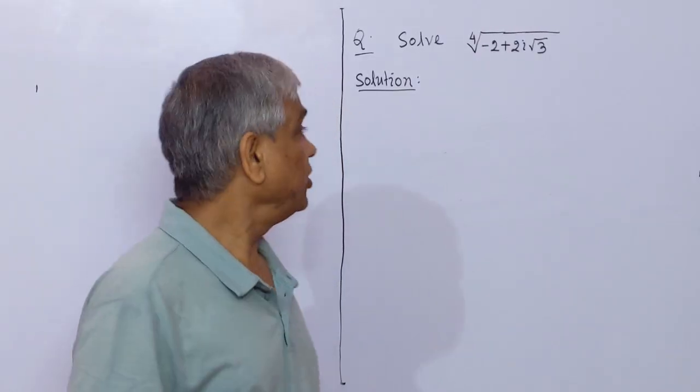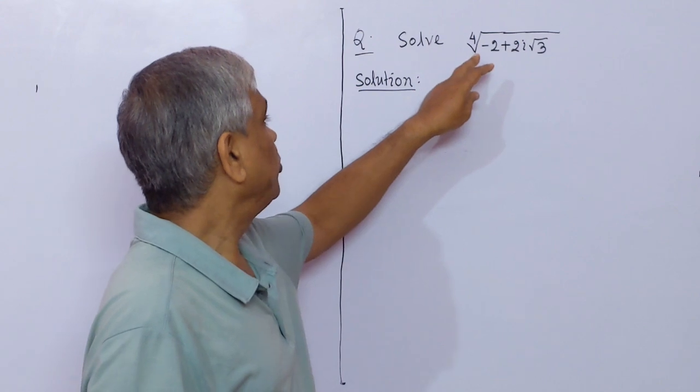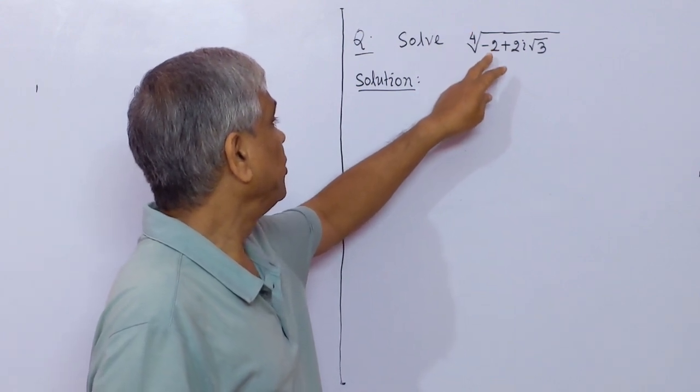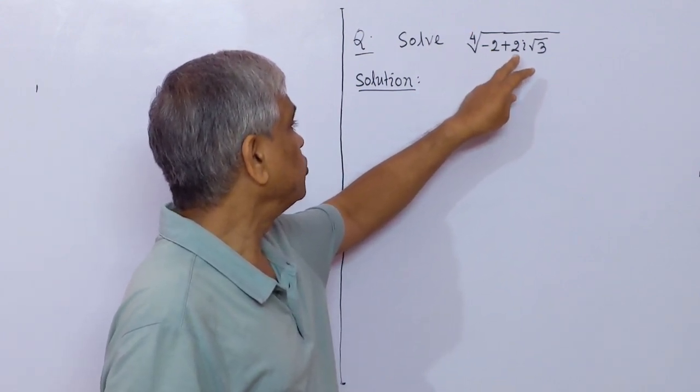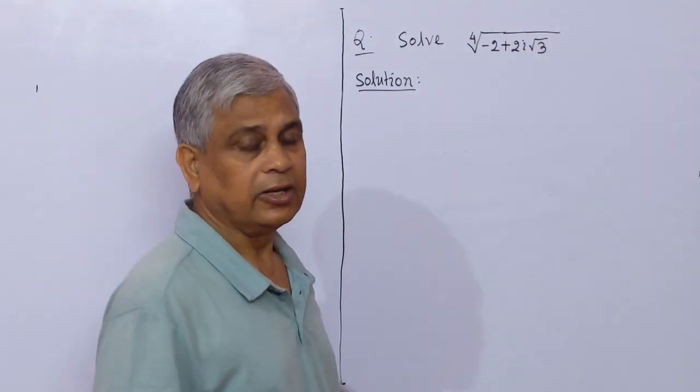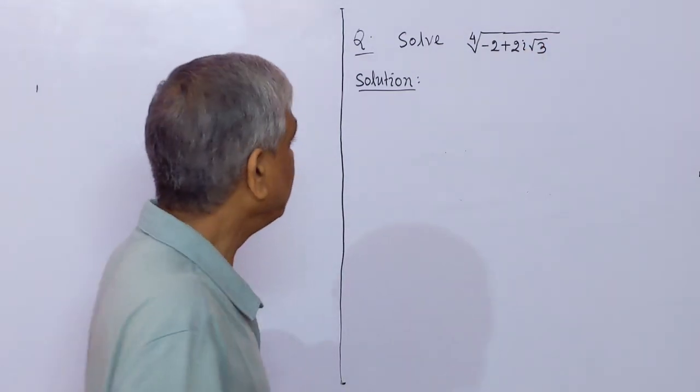Now the question is: solve the fourth root of minus 2 plus 2i square root 3. Now we solve this.